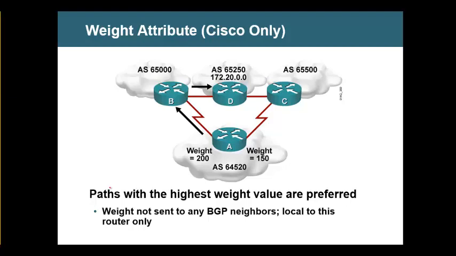It's the same as local preference, but with one big difference. What? This will not be advertised to other routers in the autonomous system. In what way is it the same as local preference? It decides the exit. Highest value is preferred.